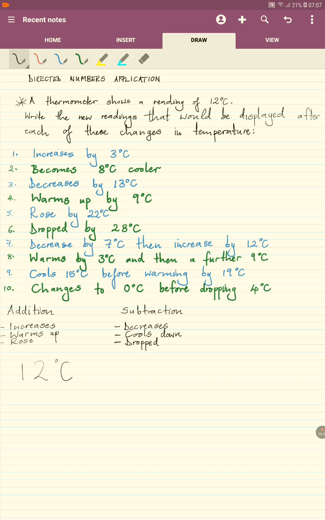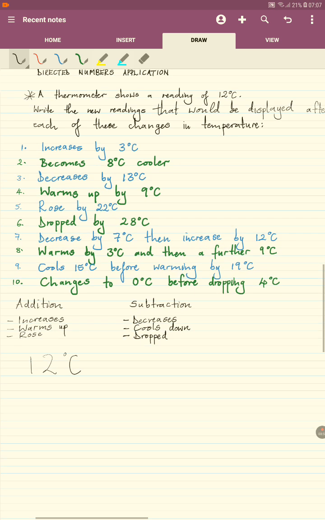So before we start answering these questions, I just want to explain something. Here on these questions, we have other words that represent the same things as addition and subtraction. You are going to see that there are words that mean the same as addition. Those words are increases, warms up, rose.